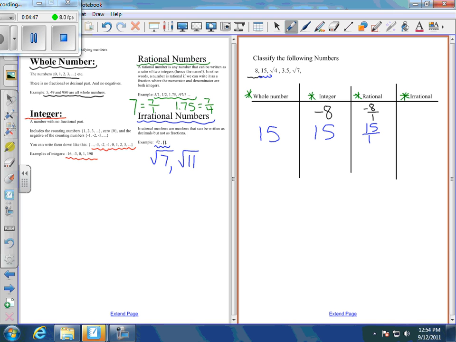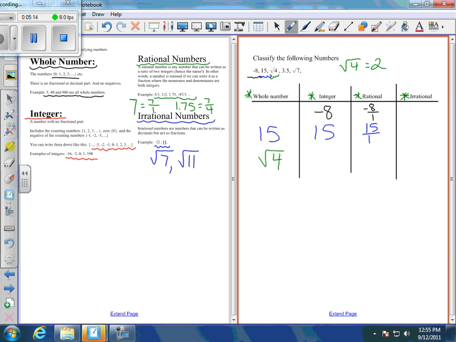The next number we want to look at is the square root of 4. The square root of 4 simplifies to be the number 2. So we want to think of the number 2. Does the square root of 4 fall into which one of these categories? Is it a whole number? Yes, the square root of 4 is a whole number because 2 is part of our counting numbers.